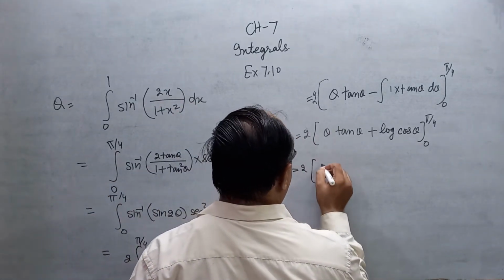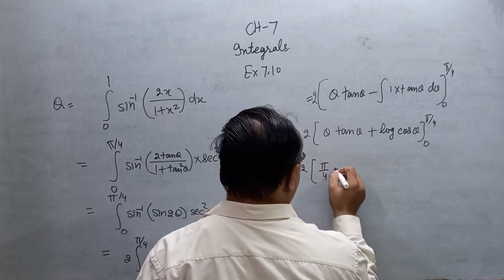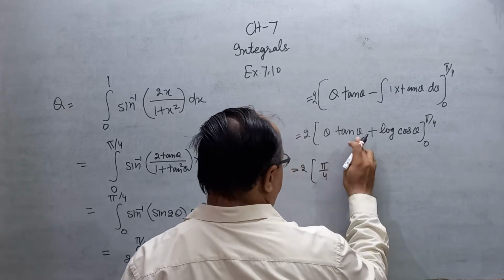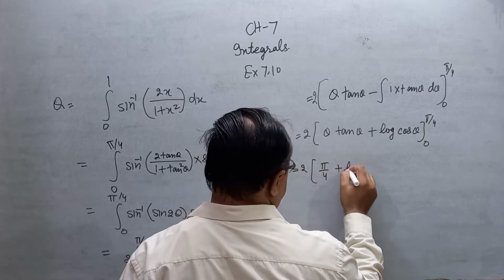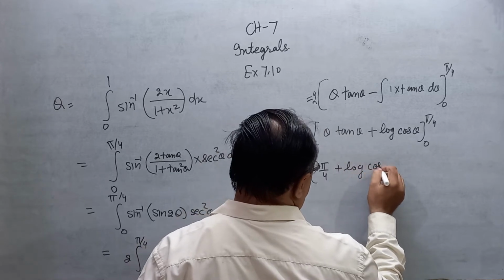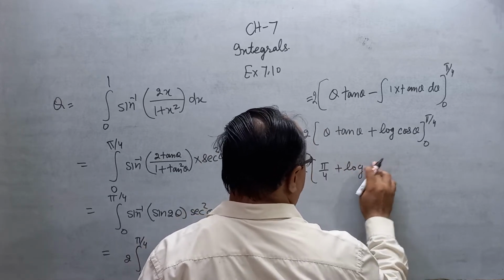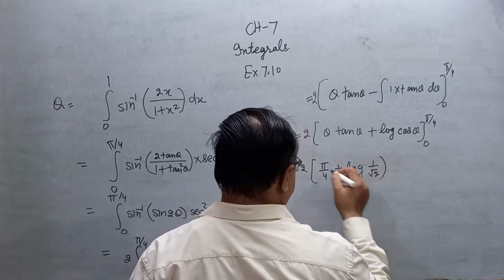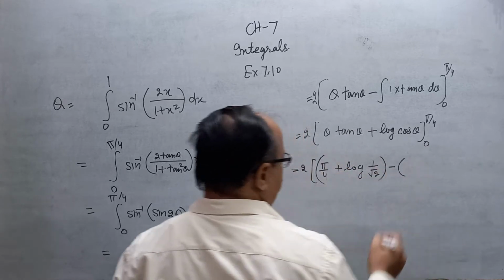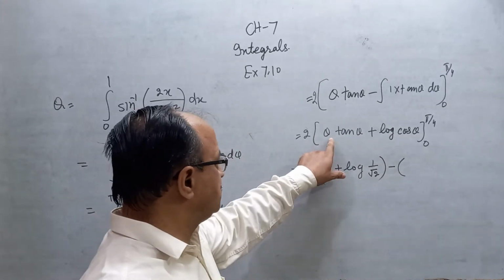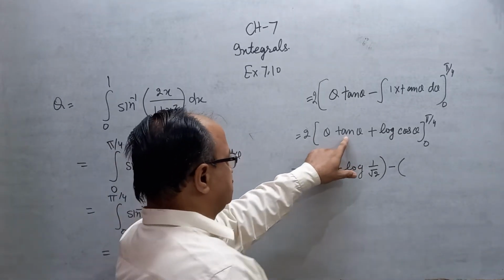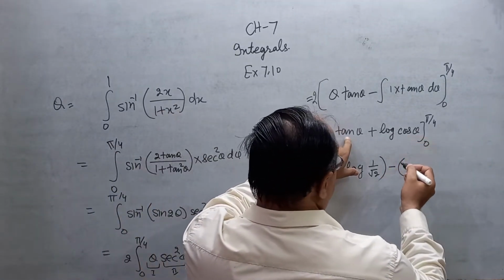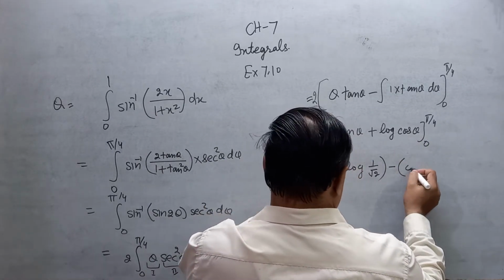Now put the values: upper limit minus lower limit. That is pi by 4, and tan pi by 4 is 1, plus log cos pi by 4, and cos 45 is 1 by root 2. But when you put 0, the first term is 0, and cos 0 is 1, and log 1 is also 0.